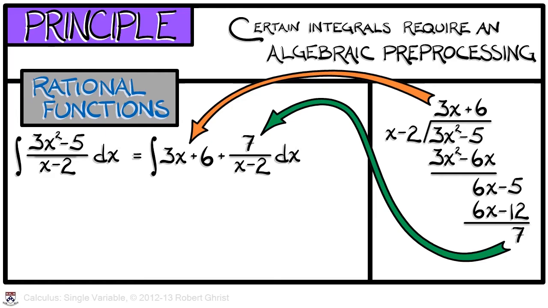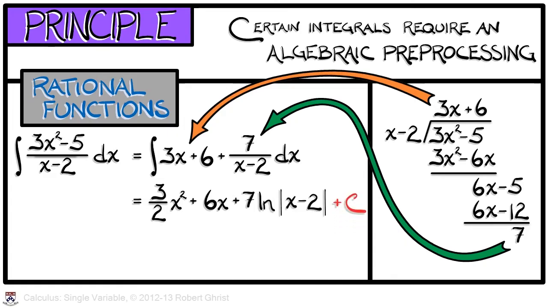And while the former integral seems intimidating, the latter integral is simple. 3x gives (3/2)x², 6 integrates to 6x, and 7/(x − 2) yields 7 log|x − 2|, and then add the constant.